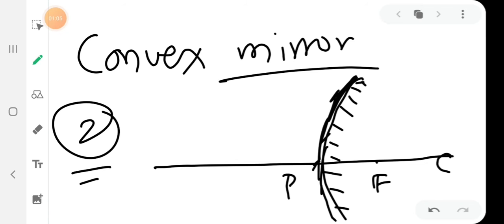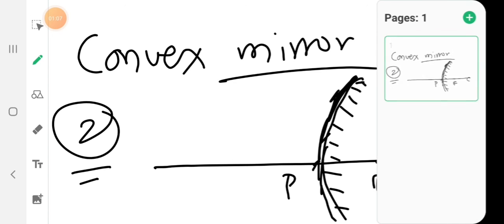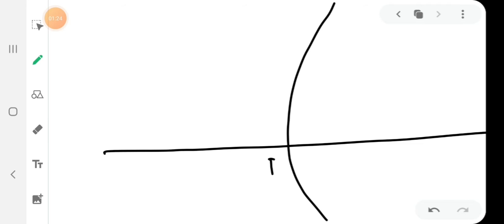So this is the basic principle of a convex mirror. So what are the rules? Now let us talk about them. First let me show a convex mirror, the line passing through it. Here we show the pole.